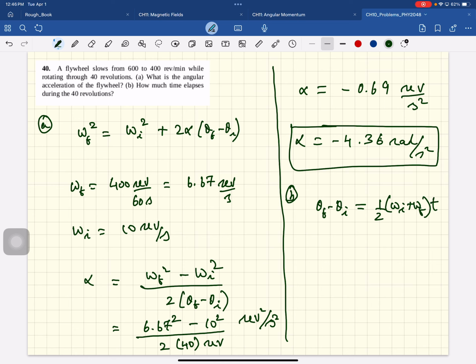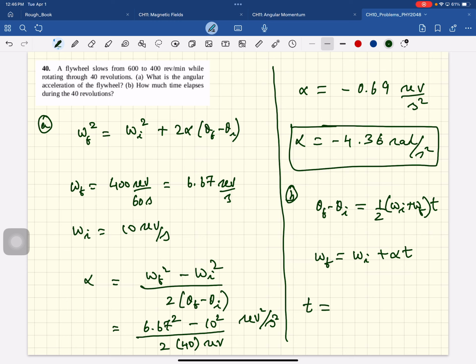Or now that you have angular acceleration, you could also use this formula, something that involves time. These are both linear, so we'll use this formula, or we can use the top one. Let's use the top one.